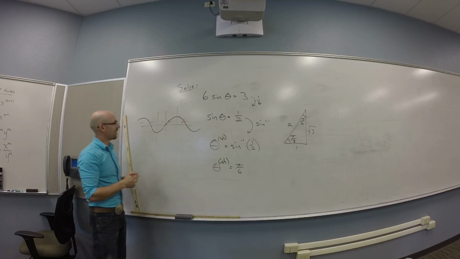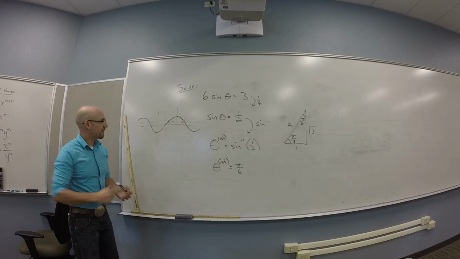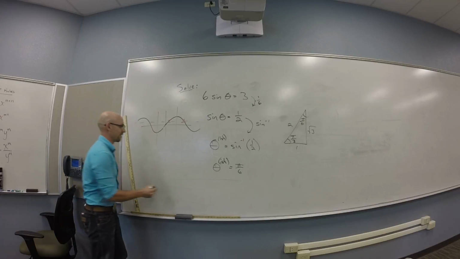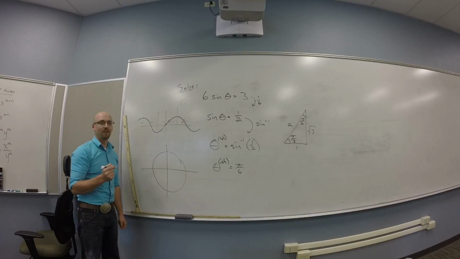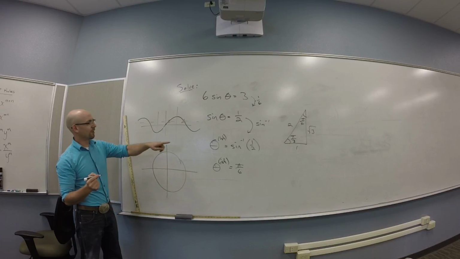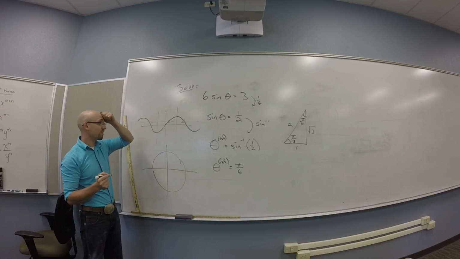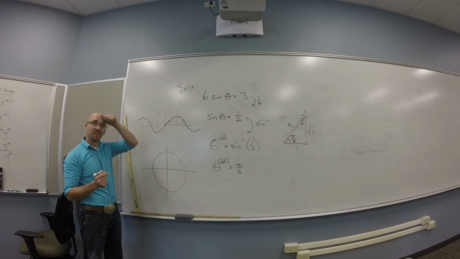So let me see. I think what I need to do is maybe unit circle and think a little bit. So in the unit circle, I'm looking for where the sine is, which side? Sine's the vertical side, right?